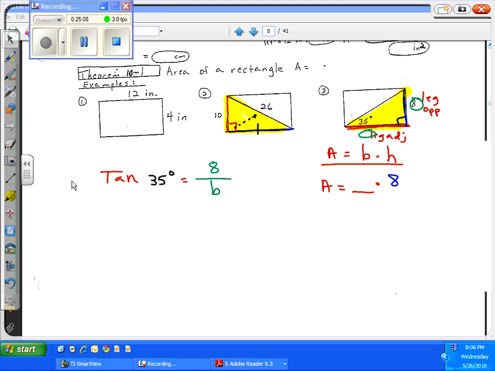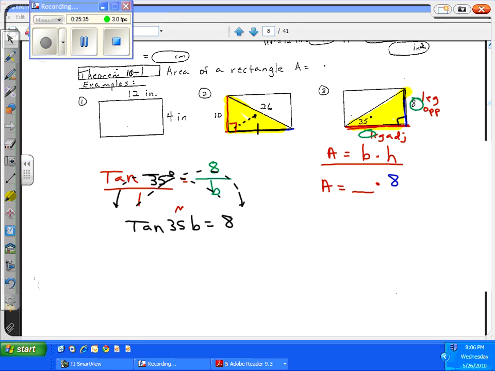To solve, I can do anything I can, or I can just wait to the end. I'm going to make this a proportion and cross multiply that proportion. When I do, I get tangent 35 times b is equal to 1 times 8, which is 8.